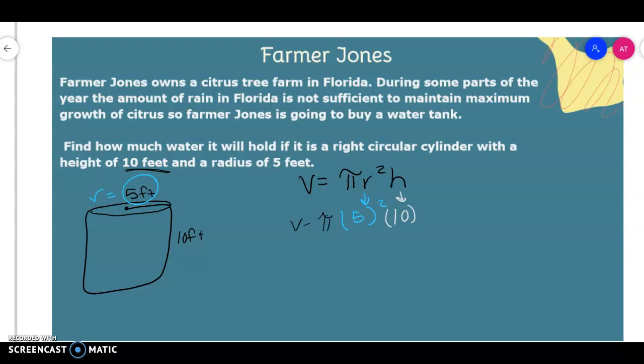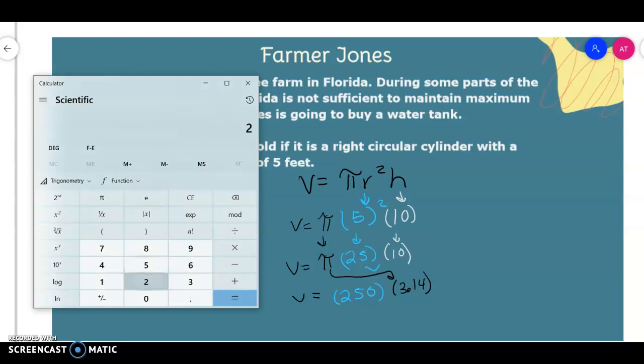So I know 5 squared is going to be 5 times 5, which is 25. And I need to multiply that by my 10, giving me 250. And now I can multiply it by my pi. I'm going to use 3.14 for my pi. So I'm going to take 250 and multiply it by 3.14.